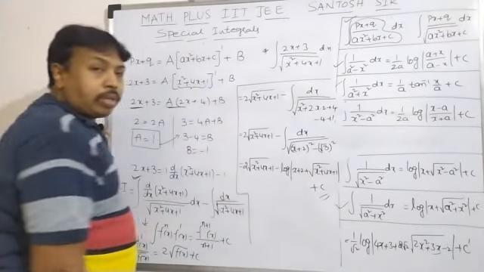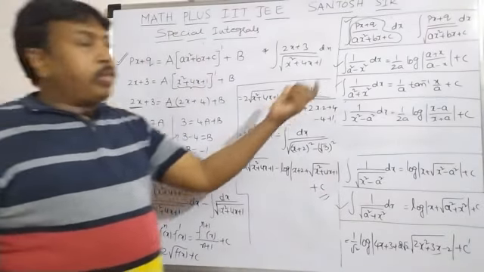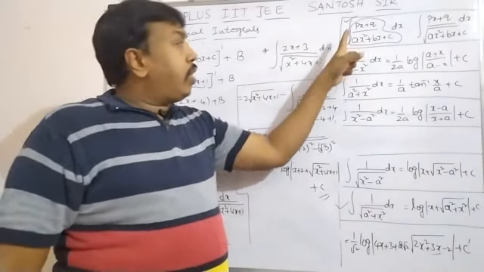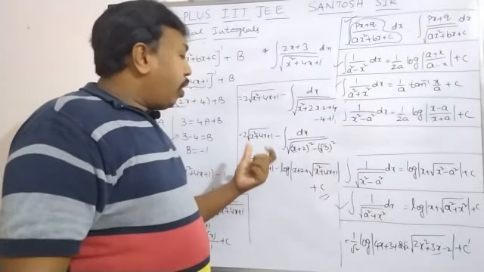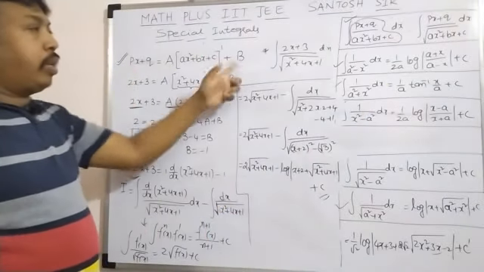This is the answer. If the integrand is in the form of linear by quadratic or linear upon root quadratic, we need to take this substitution.